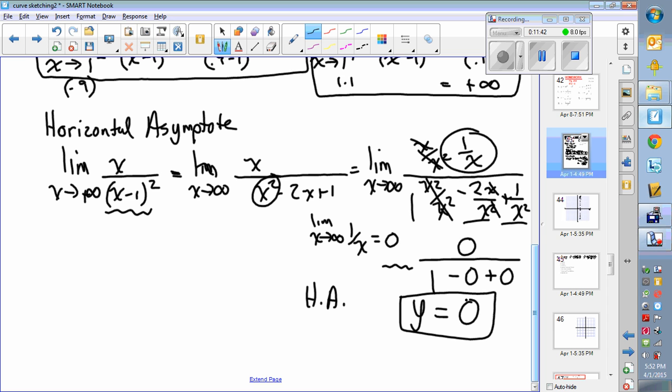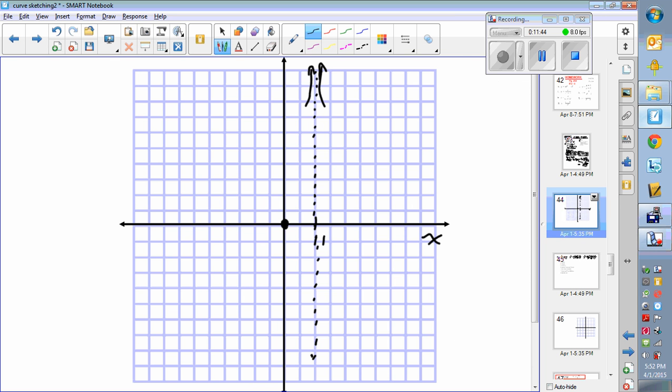So back to my graph, I know on here, on the x-axis, that is y equals 0, I'll draw it in red, you have a horizontal asymptote. And so you know that when x gets very, very, very large, this function is going to get really close to that dotted line.